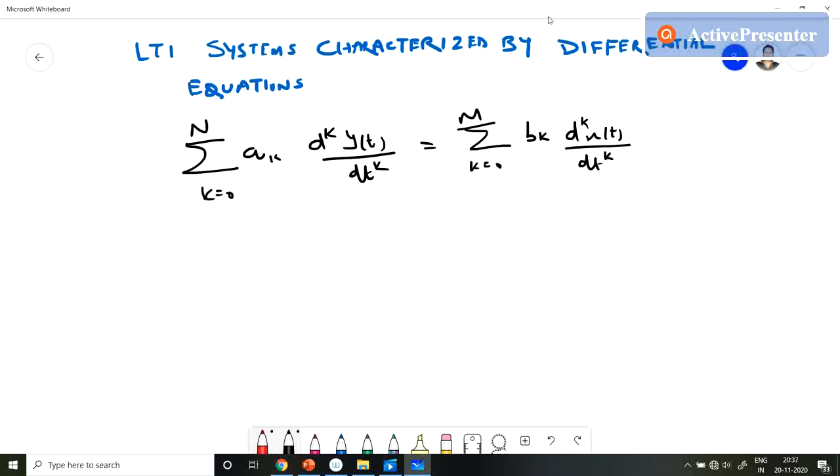So we have the condition that the value of capital M is less than or equal to N.